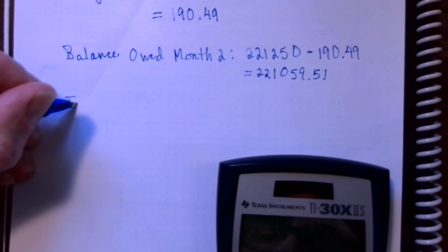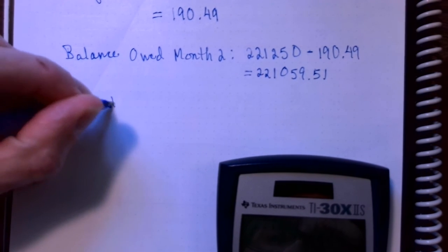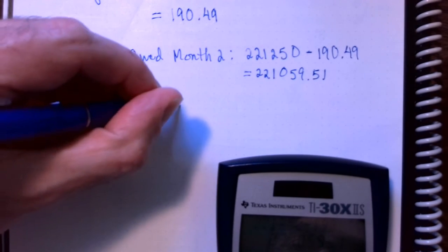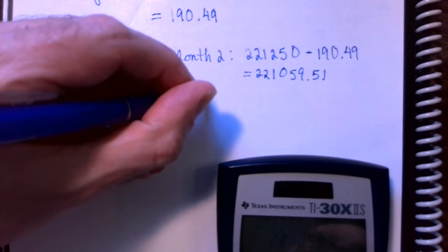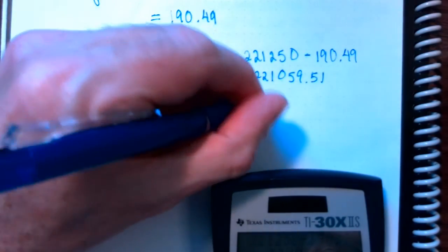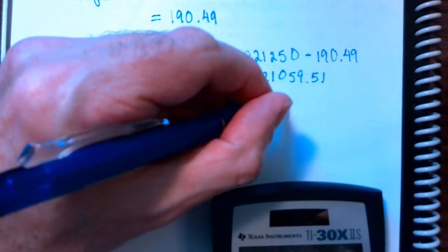Let's look at how much interest you would have to pay. Okay, well, the interest is always going to be the same percentage, but now it's a percentage of this amount.